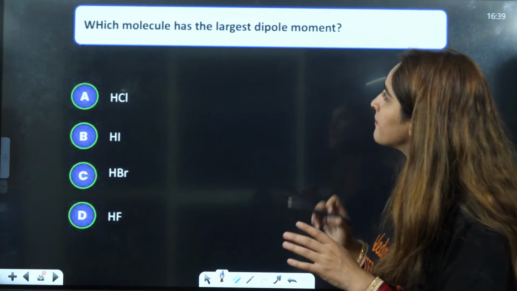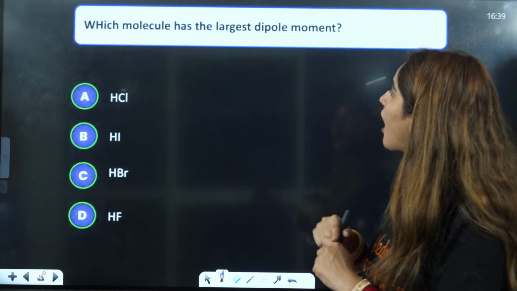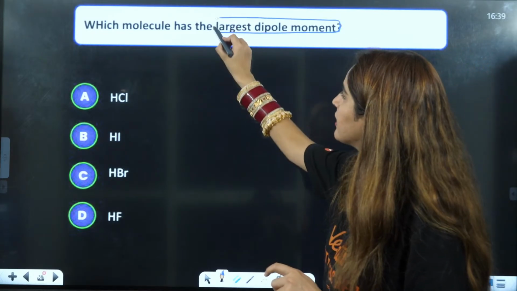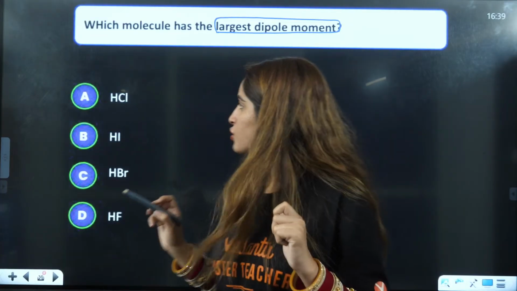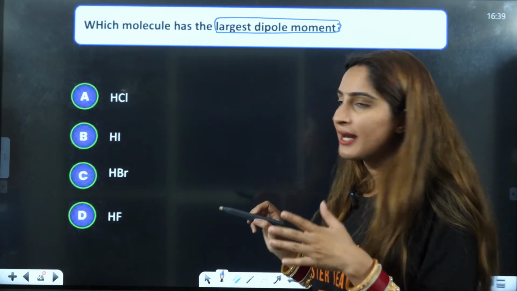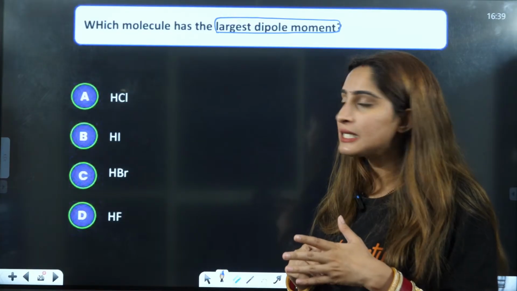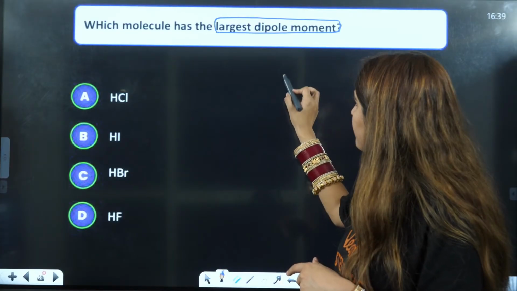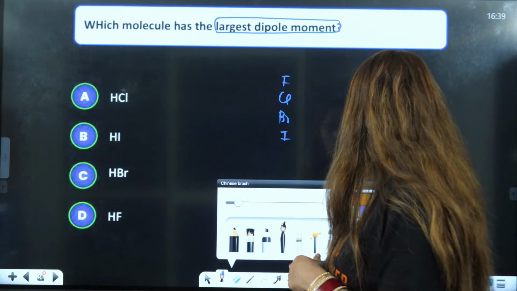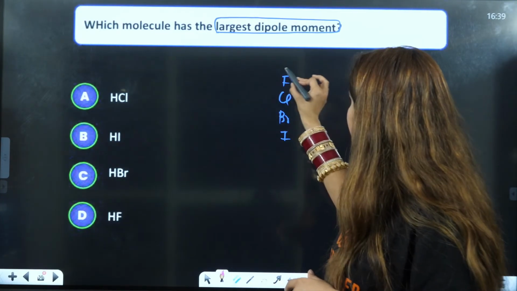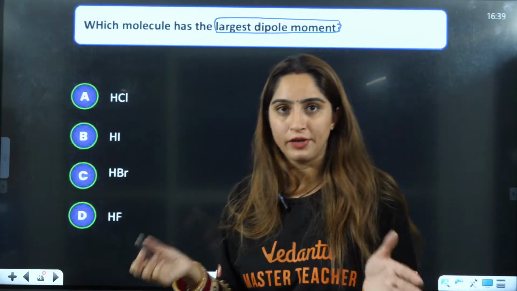Next question is, which molecule has the largest dipole moment? Largest dipole moment, if you talk about dipole moment. So they have given HCl, HI, HBr, HF. Okay. We know that fluorine, bromine, iodine, right? So this has maximum electronegativity.